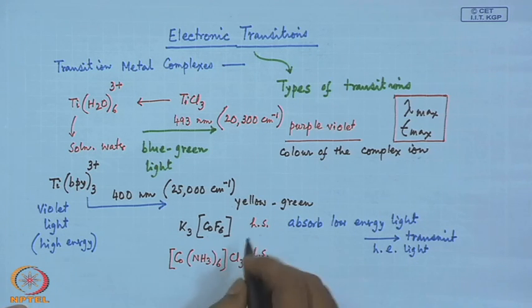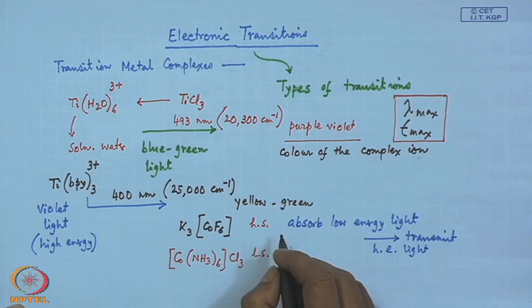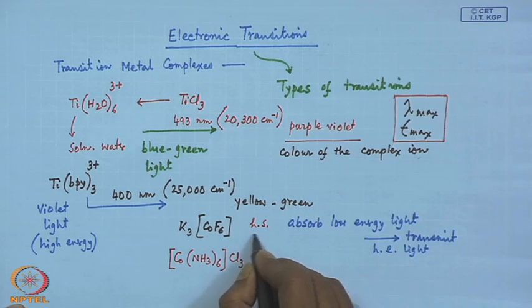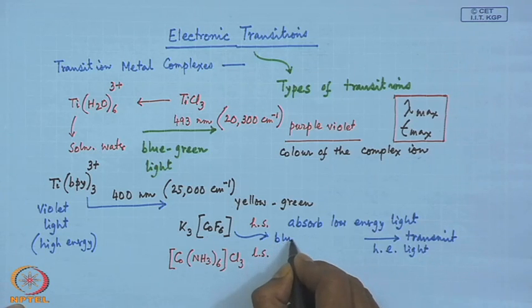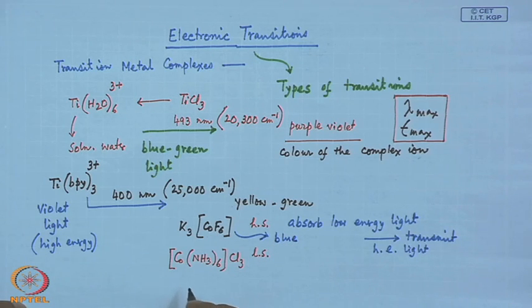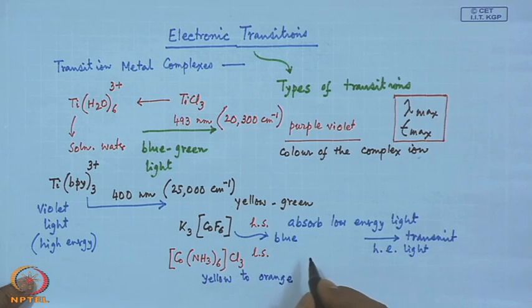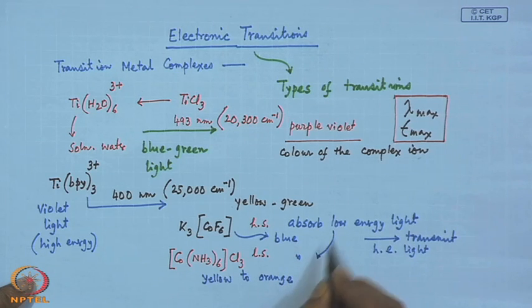So, this particular compound, therefore, when it is high spin, the color is blue, but this one basically is a low spin one and its color is yellow to orange, and here the absorption is taking place not at low energy, but at high energy.